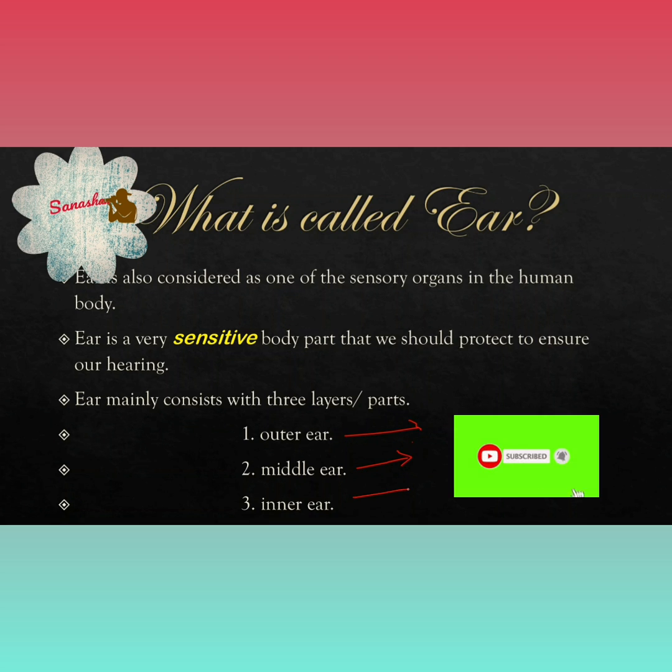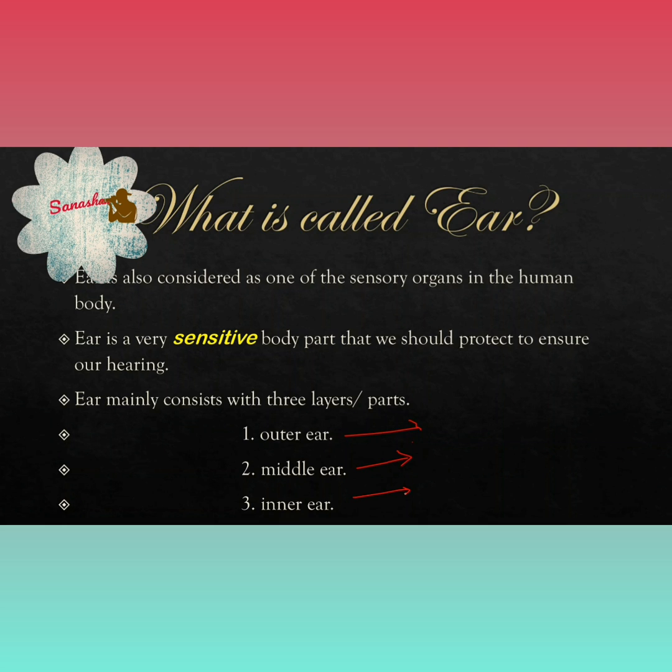I will tell you each and every part later, but for your extra knowledge, I would like to tell you what parts are included in each layer. When talking about the outer ear, the parts in it are the pinna, external auditory canal and tympanic membrane.